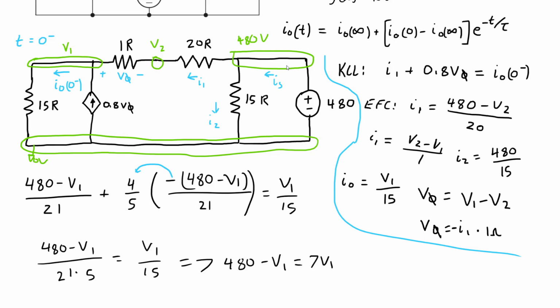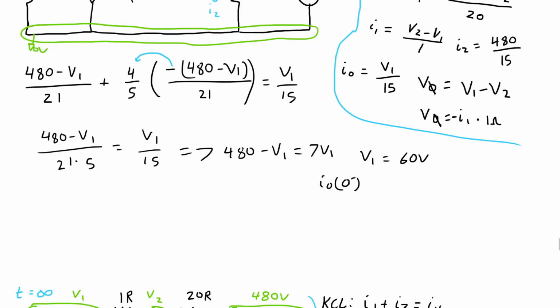So 480 divided by 8 is 60. So we can use that to find I0 minus, which is also going to be I0 plus. So that's going to be 60 volts divided by 15 ohms, or 4 amps.